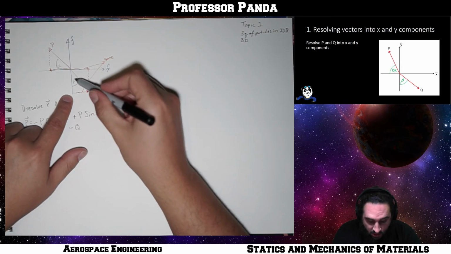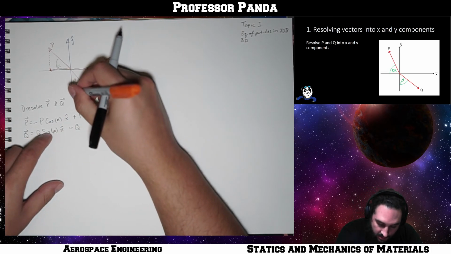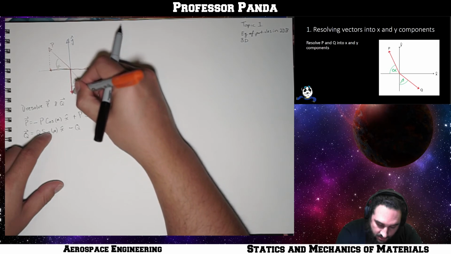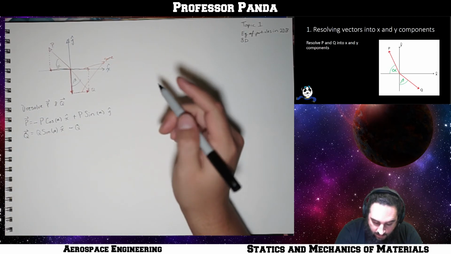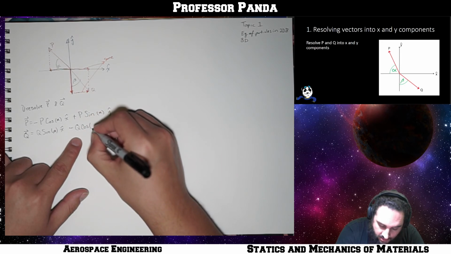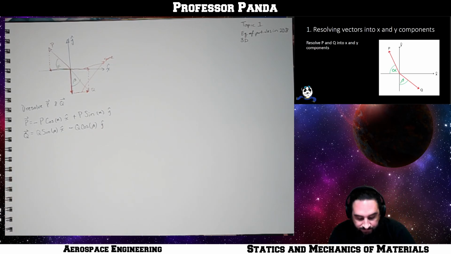So we're going to use the cosine of beta, which would be this angle here, or this projection here. So Q cosine beta in the y hat direction. And that's it. That's the skill that we need moving forward through statics.